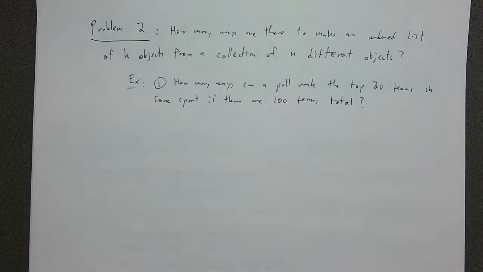Okay. Now you might object and say, well, if we were going to rank like 100 teams, we're not just going to randomly rank them. We're ranking the teams we think are the top 20. So then we're thinking, well, that's not like a random thing. I actually know maybe like of the 100 teams, really there's only like 30 that are kind of in consideration for the top 20.